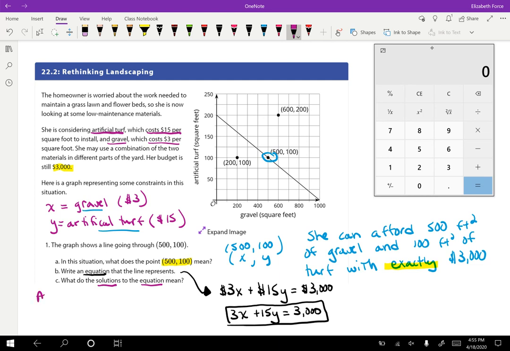So it's all possible combinations of gravel and turf with a budget equal to exactly $3,000.